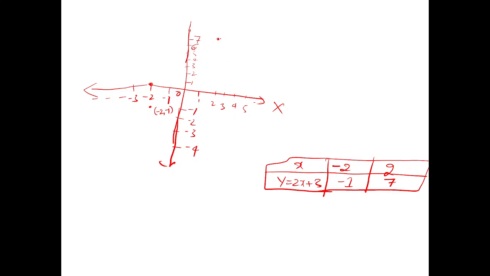Here it is approximately 2, 7. Right? When we join these two coordinates, we get a straight line as the graph. Right? Here we see this graph. This is the graph of 2x plus 3.